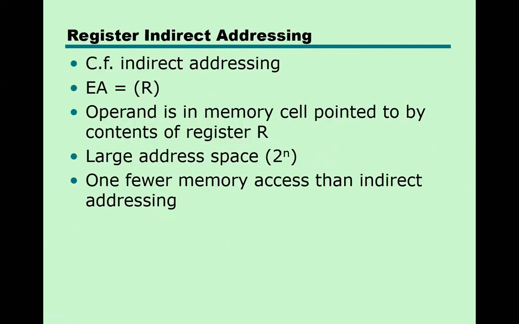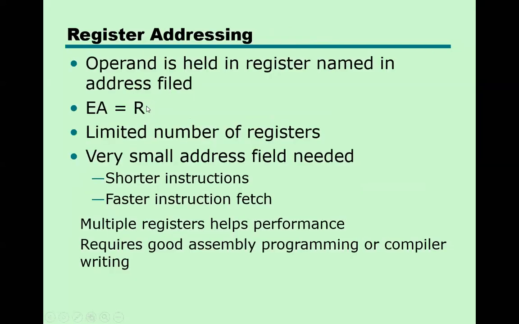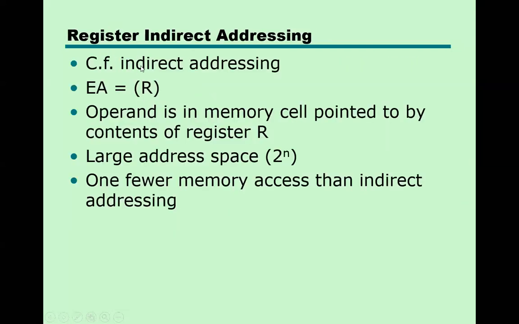So, register indirect addressing. Effective address is equal to (R). It is indirect addressing, that's why you will find there is a bracket. Here there is no bracket because this is register addressing. This is not indirect, that's why you will not find a bracket for register addressing. But in indirect addressing there is a bracket because it is indirect.